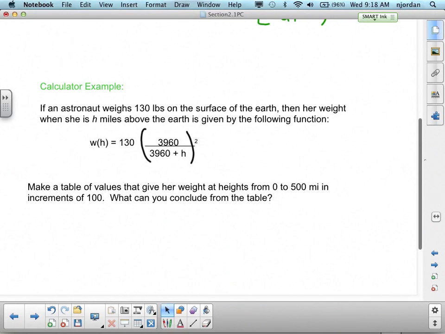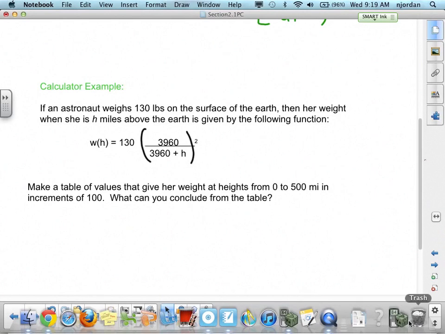All right, so we have a function here that represents the weight of an astronaut when the astronaut is h miles above the Earth, so W of h. And the function is given as you see it there. And we are asking to make a table of values that give the weight at heights from 0 to 500, but in increments of 100. So let me show you how that works on the calculator.